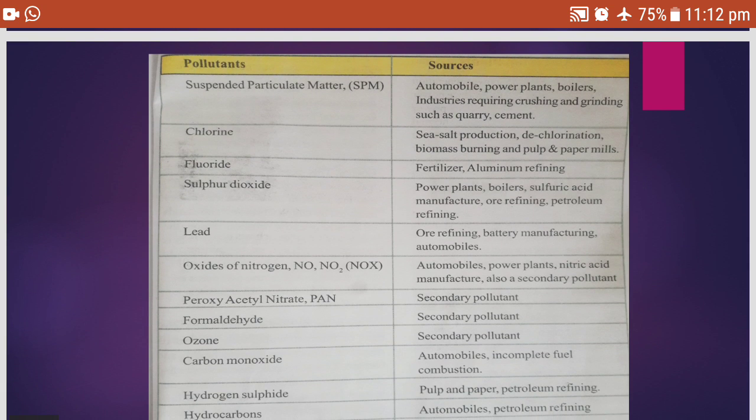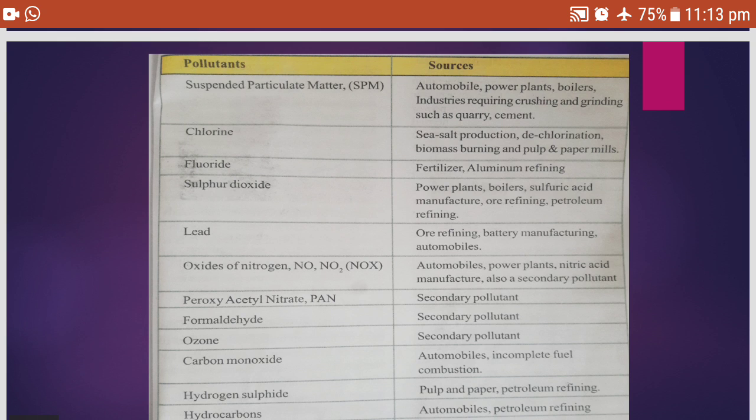Now this table is of pollutants and their sources. It is there in your textbook on page number 163. Kindly go through it. Common pollutants and their sources, like suspended particulate matter, is coming from automobiles, power plants, industries.